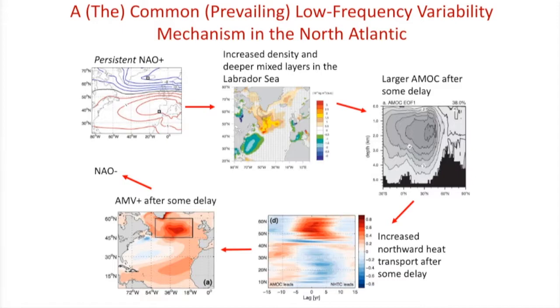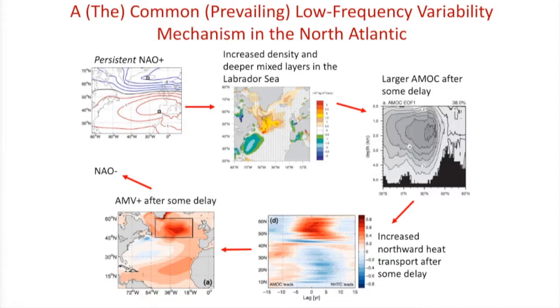That in turn, after some 2 to 3 years or slightly longer delay, leads to a larger overturning circulation, a positive anomaly. And then that in turn results in increased northward heat transport and particularly increased heat convergence in the northern high latitudes in the Atlantic.